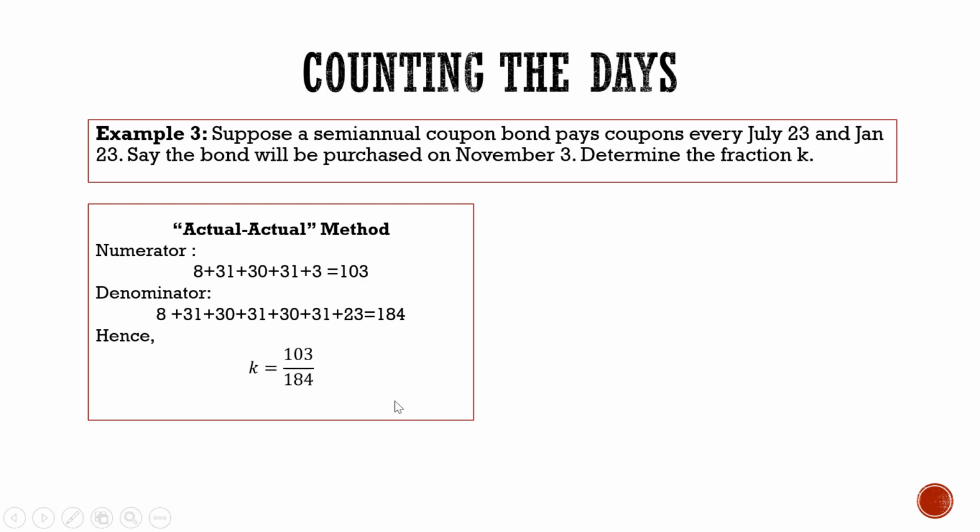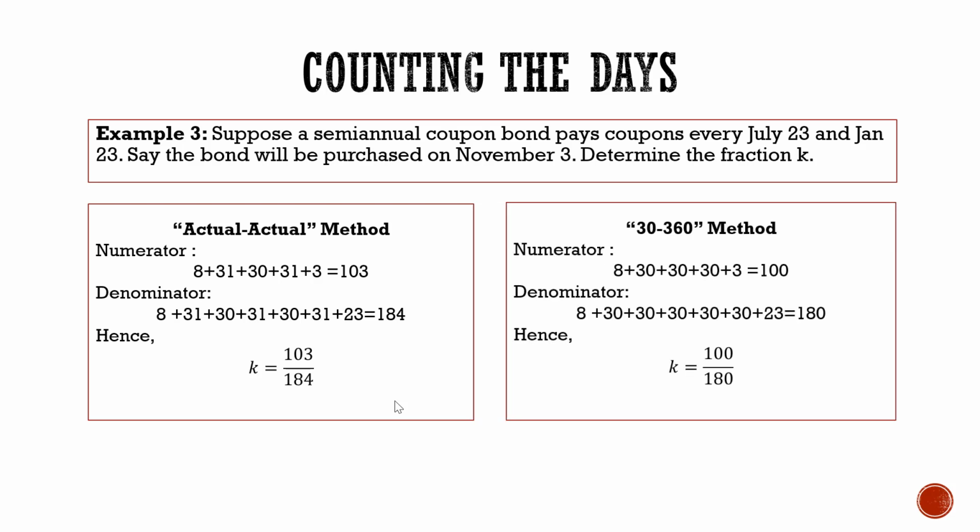But for convenience, sometimes we assume that a month has 30 days, no matter if it's February or January or August or September. So that method is called the 360 method. That means we assume a year has 360 days and 30 days a month. So here the numerator, in July we have 8 days left.